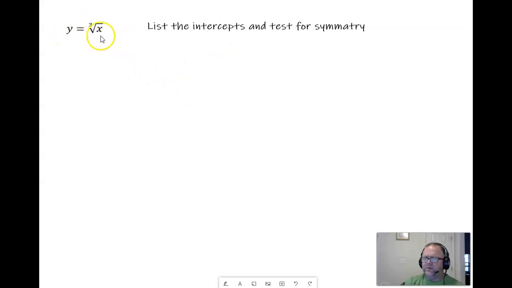It's y is equal to the cube root of x, and a very important thing that we need to be able to do is convert radicals into exponents. So let me go ahead and write down the formula for that.